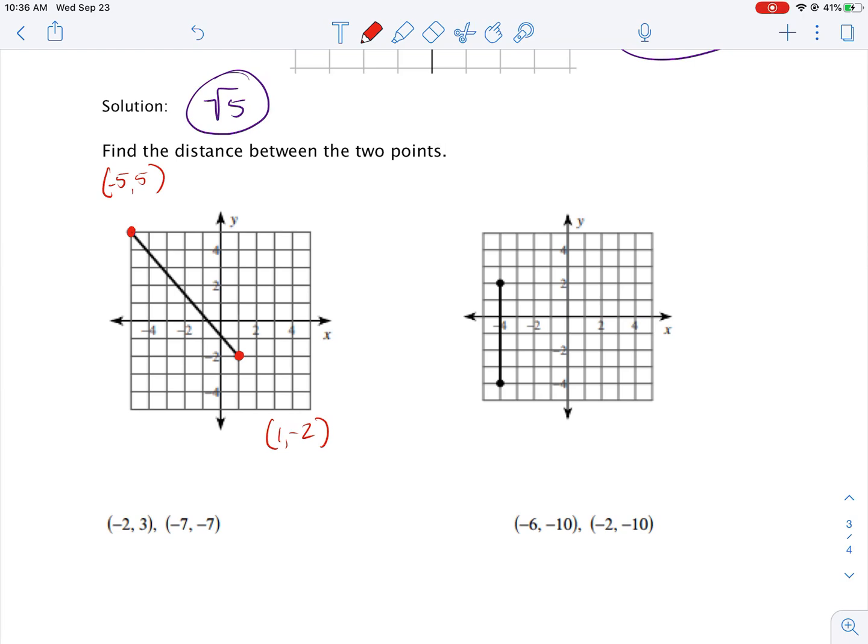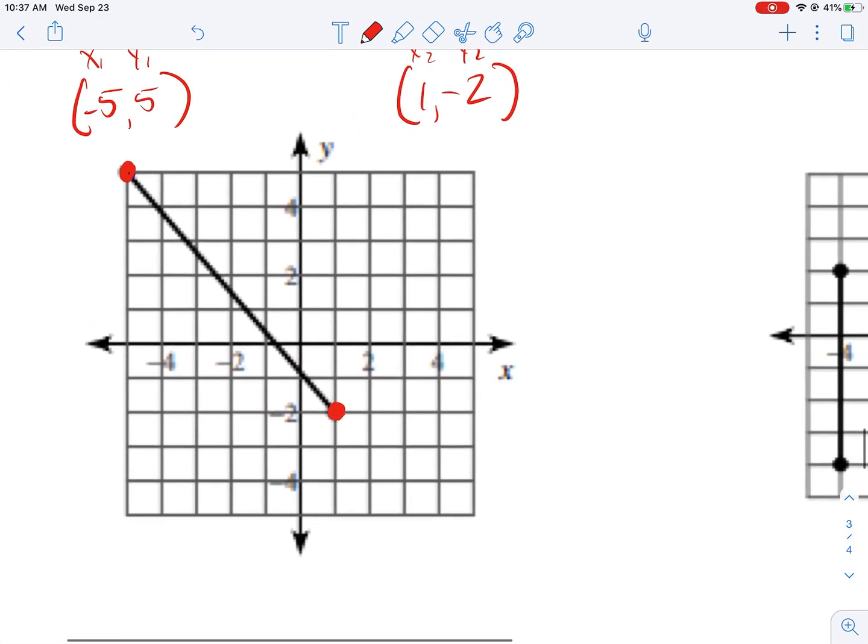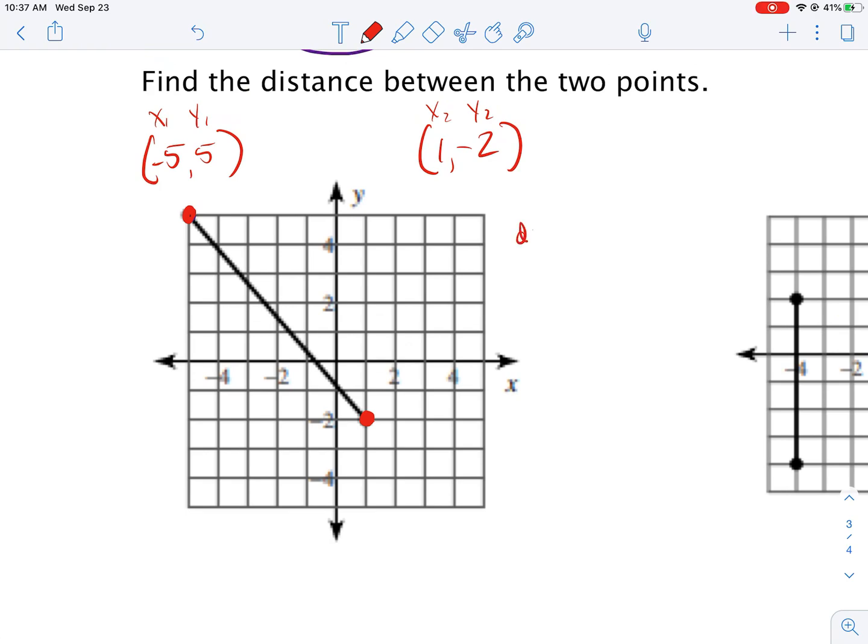Okay, so find the distance between these 2 points. I'm going to put these points up here and label them. So I'm going to go x1, y1, x2, y2. Our distance formula, square root, so it's going to go x2 minus x1 squared plus y2 minus y1 squared.